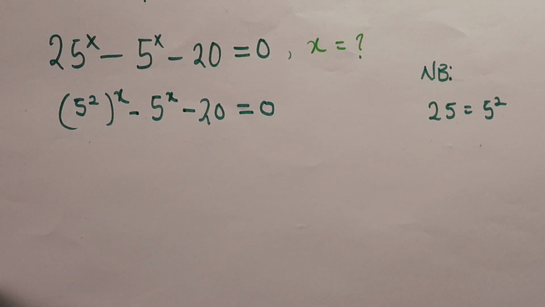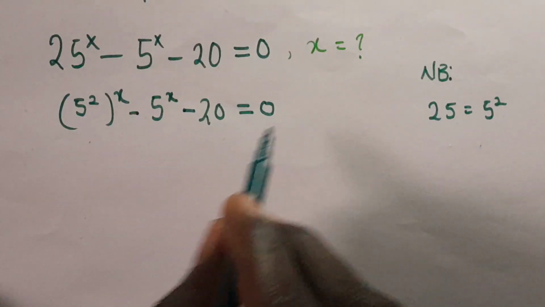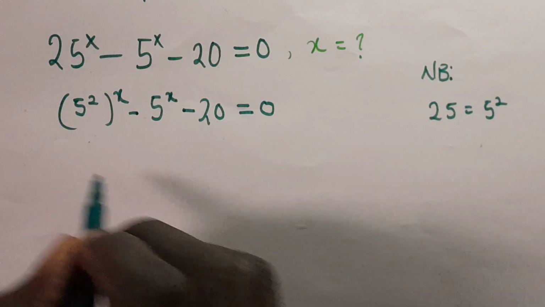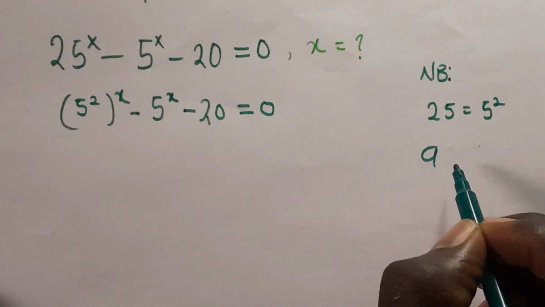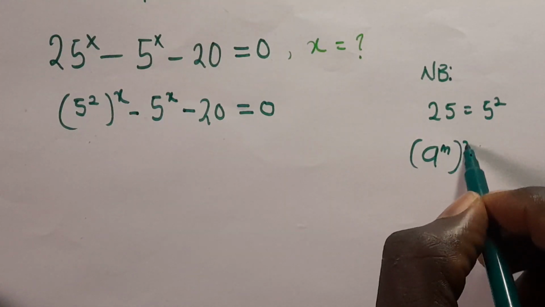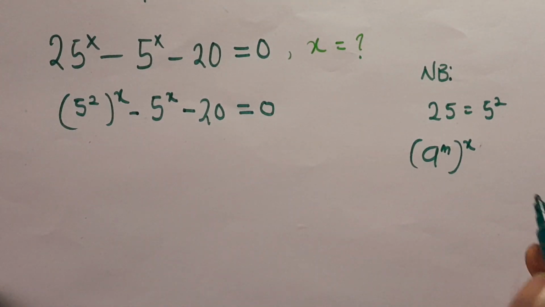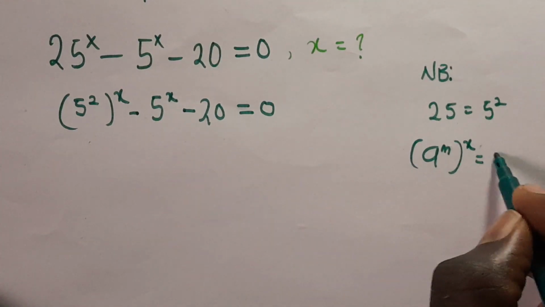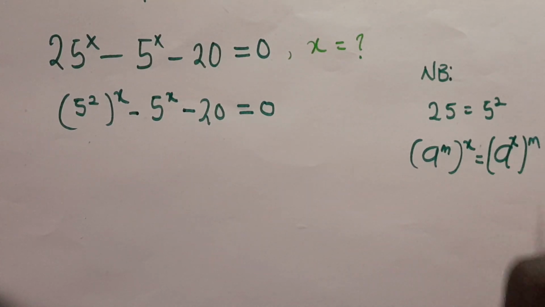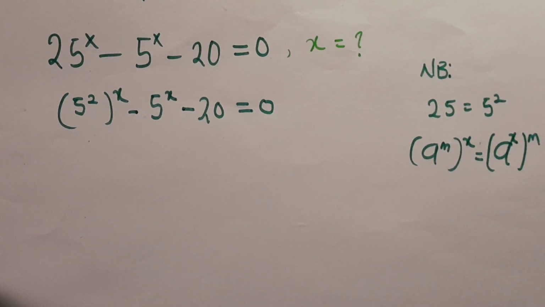Now from here, when we have a raised to m raised to x, it can also be expressed as a raised to x all raised to m, according to the law of indices.